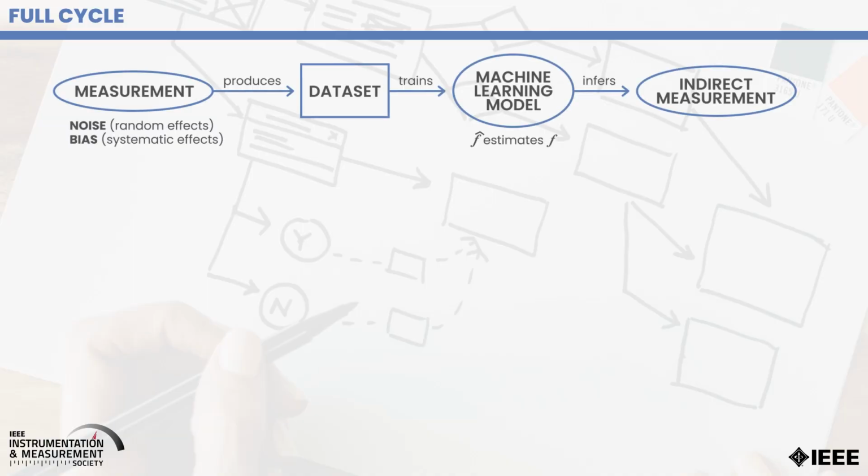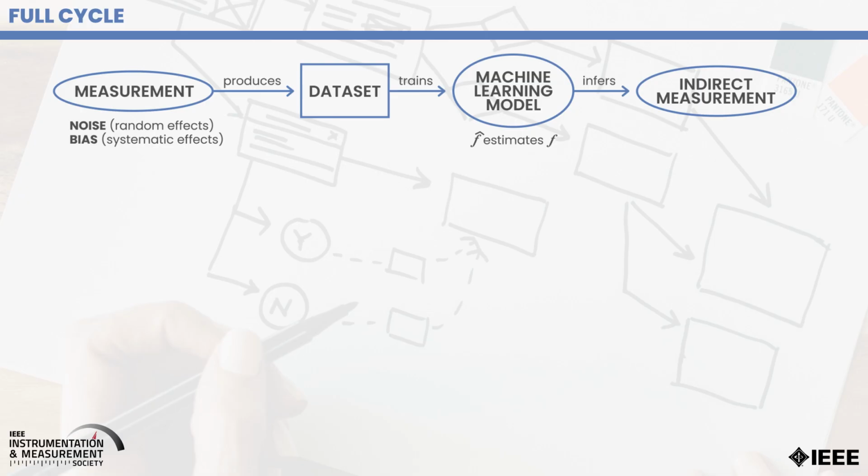How does machine learning contribute to the measurement uncertainty? Let's take a look at a full cycle of a machine learning based measurement system. Here we can see that we collect a data set, and this data set actually comes from measurements because the data are collected from sensors or other sources, and those equipment are essentially doing measurements.